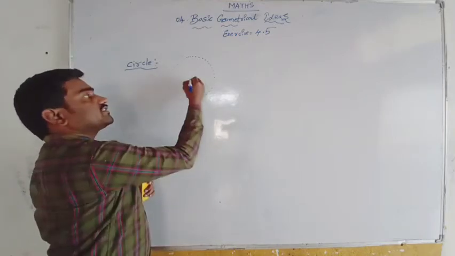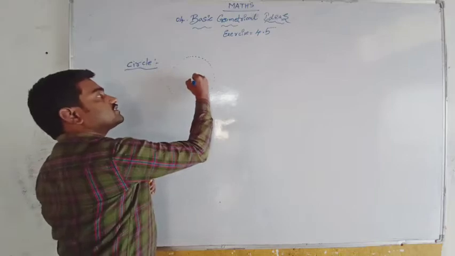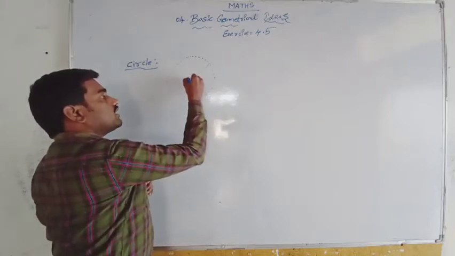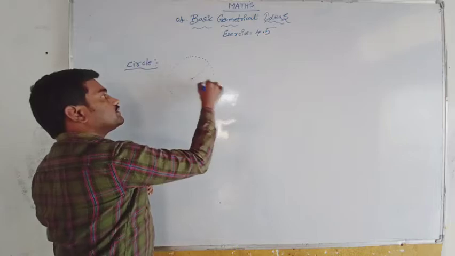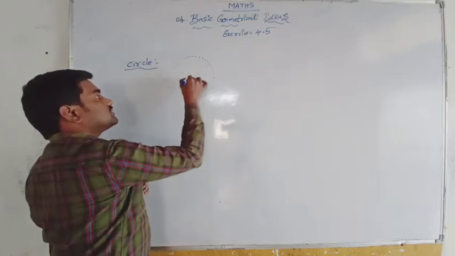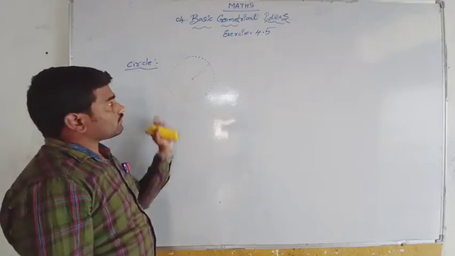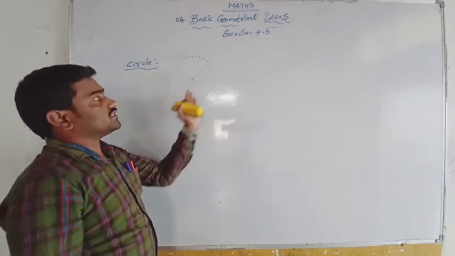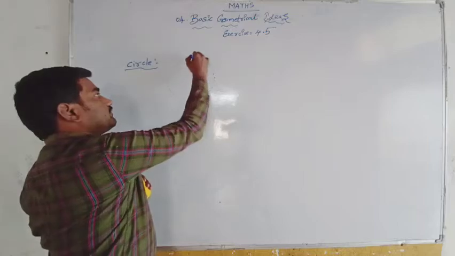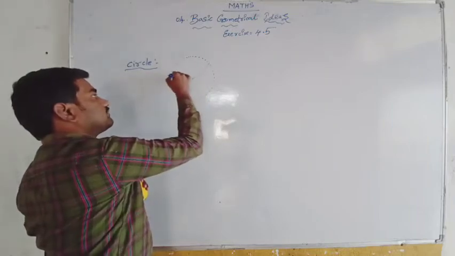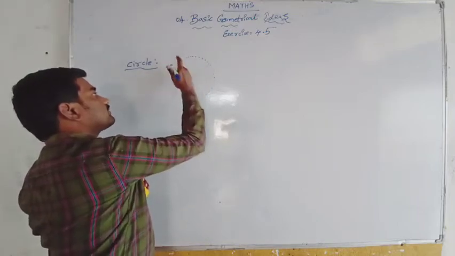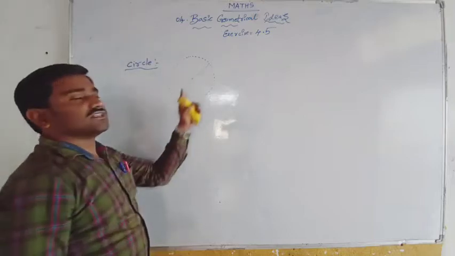Here there is a fixed distance and a fixed point, and all the points are at the fixed distance from the center point. You can see here, all these points are fixed from the center point.